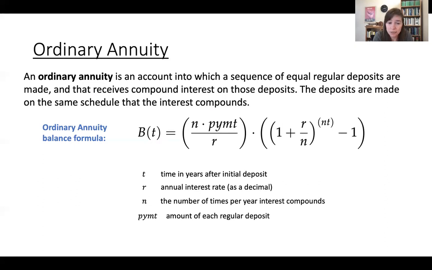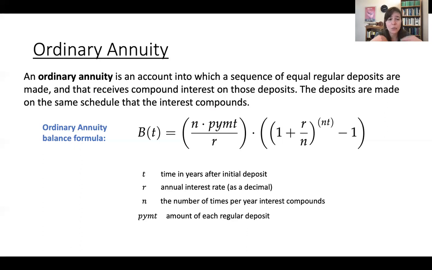Now here's something new, this payment. PYMT is short for payment. It's a new variable, and it is the amount of each regular deposit. In an annuity account, the setup is that you've got a rate, you've got a compounding schedule, you leave it in for a certain amount of time, but you are continually making payments into this account and you're not taking anything out.